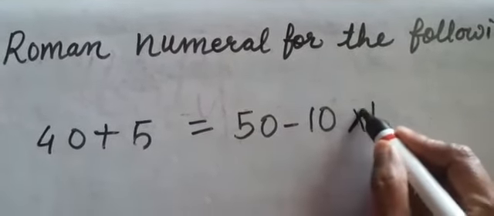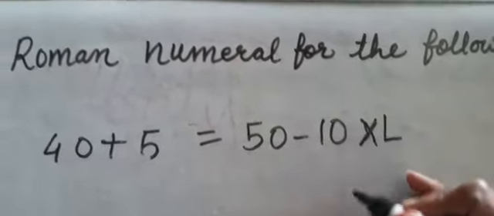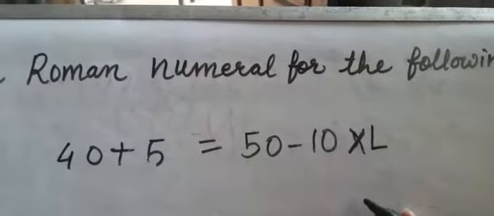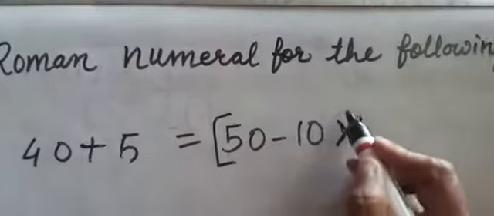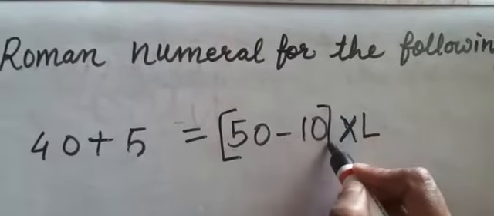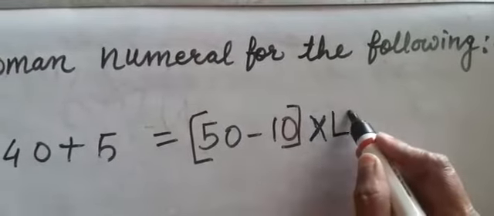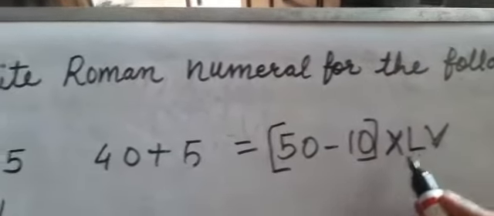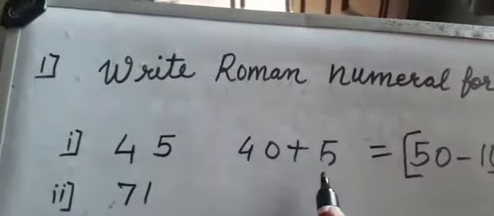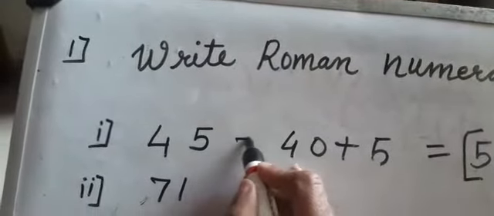This now represents 40, and for 5 you know the sign in the Roman numeral system is V. So this XLV will give you the value of 45.